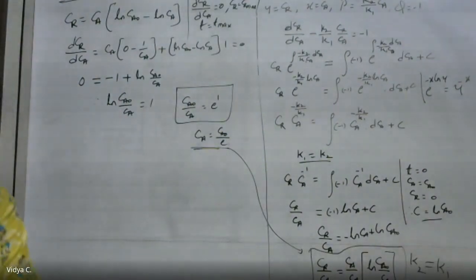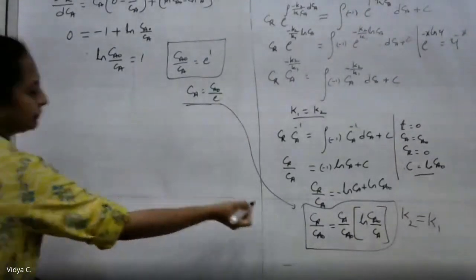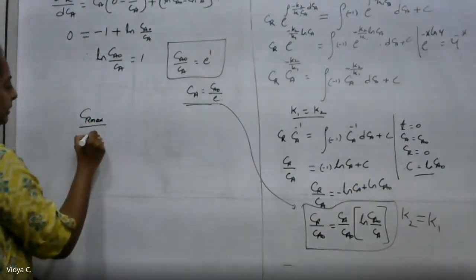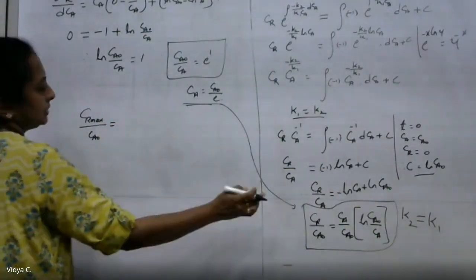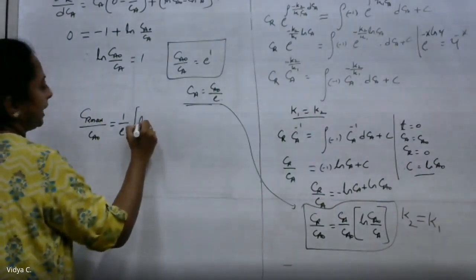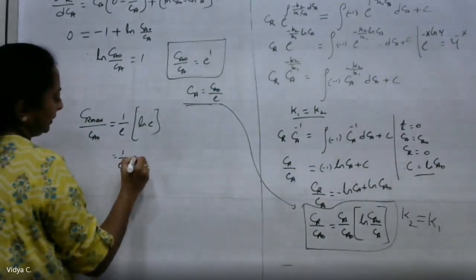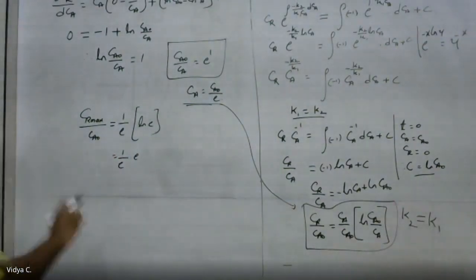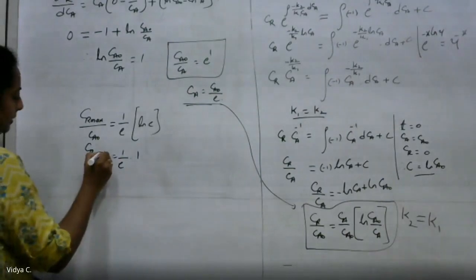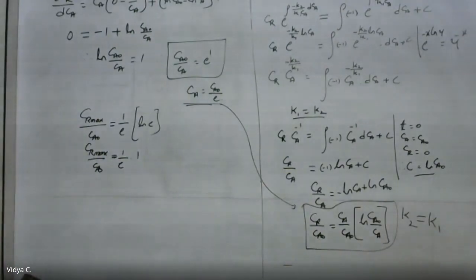And this equation will now be CR max by CA naught is equal to CA by CA naught, which can be written as 1 by E, into ln of CA naught by CA, which is E. So this will be 1 by E into ln E, and ln E is 1. So CR max by CA naught is equal to 1 by E. Very simple.